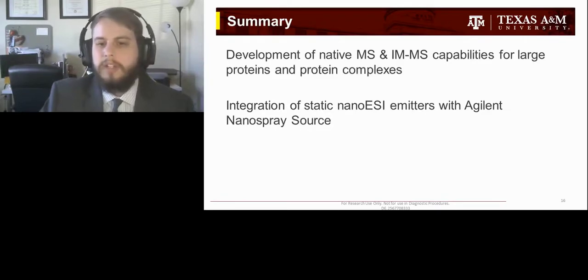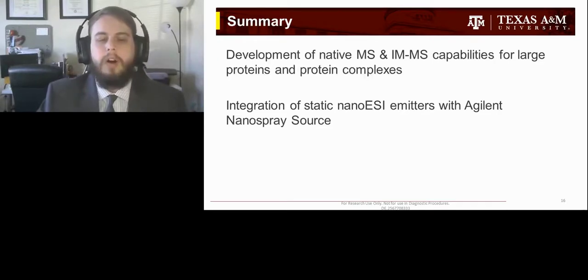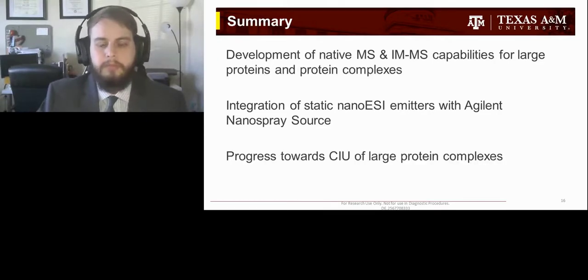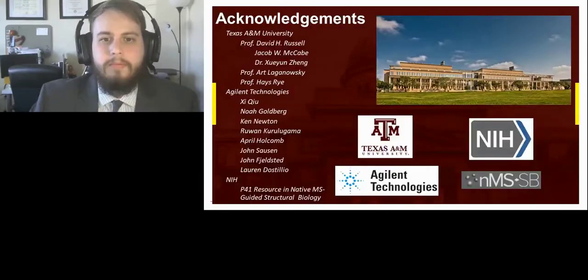We worked through integration of static nano electrospray emitters with the Agilent nanospray source design so we can limit our sample consumption as well as really push native mass spectrometry on these different instruments. And then we're currently trying to progress towards collision-induced unfolding of large protein complexes and evaluating some of the newer technology for CIU on especially the 6560 Q-TOF platform.